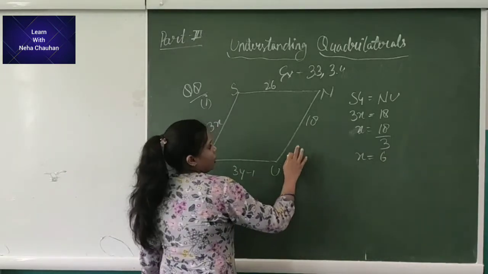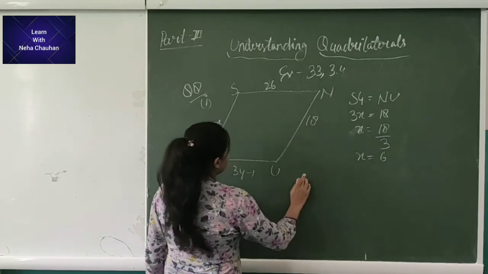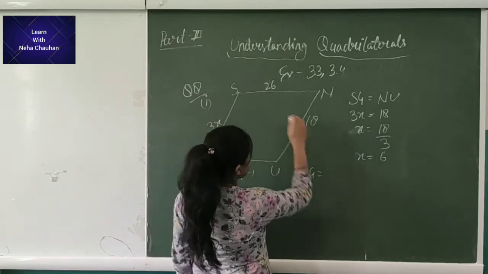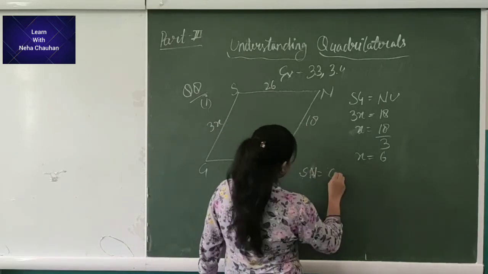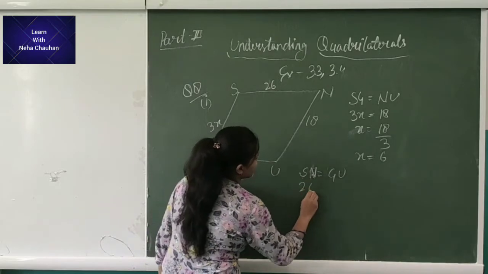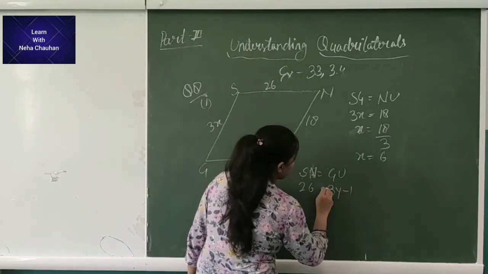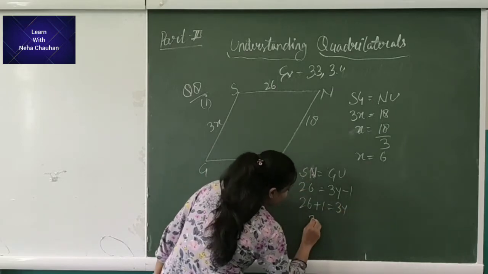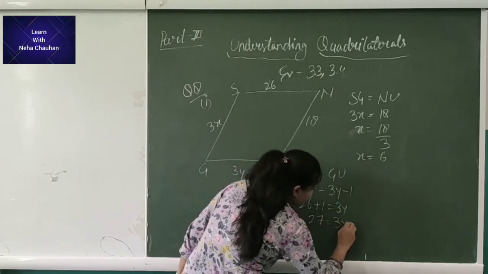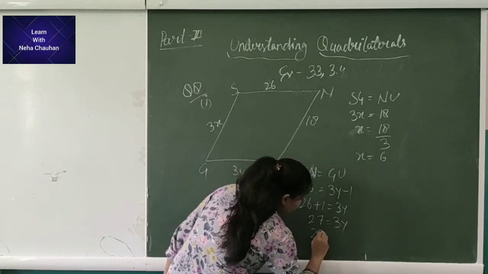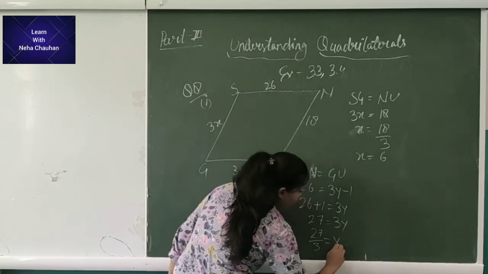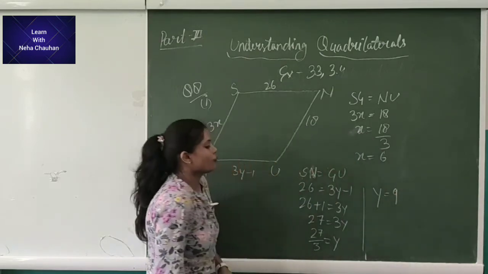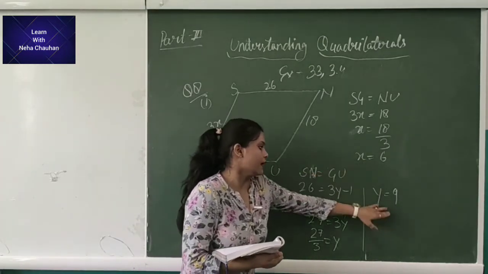So, same property, we will use the same property, that is SN is equal to GU. So, SN is 26 and GU is 3y minus 1. 26 plus 1 is equal to 3y, we will get 27 is equal to 3y and 27 divided by 3 is equal to y. From here we will get y is equal to 9. So, we get the answer, that is x is 6 and y is 9.